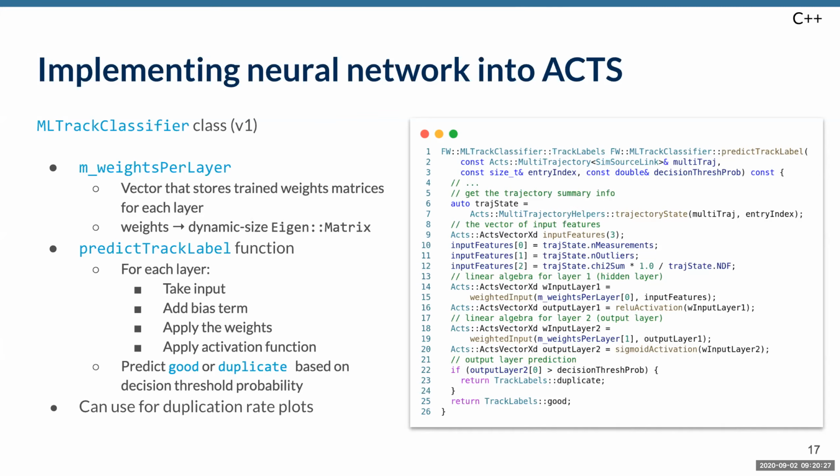In order to verify that our implementation is correct, we can use this MLTrackClassifier class to generate duplication rate plots for a particular set of track candidates that we ask it to analyze.